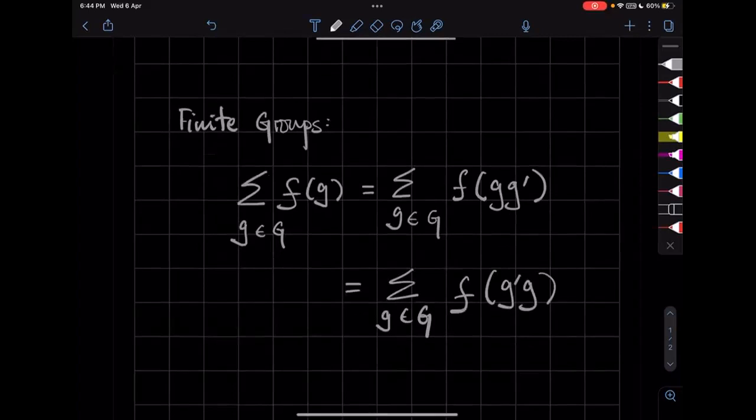It doesn't matter what G prime is, as long as we do the sum over all G. So this sum doesn't change.